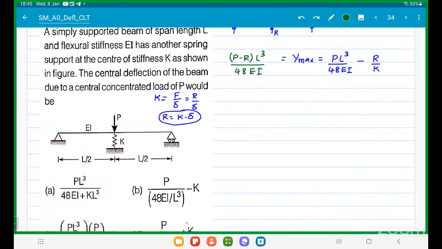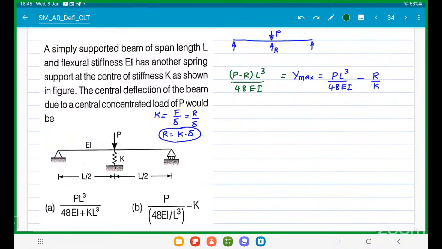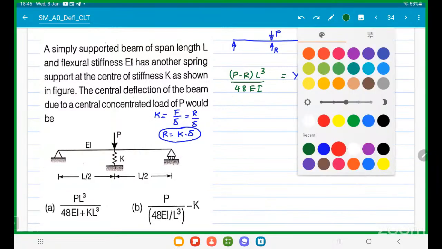Sir, group it, sir. Bring both the R together.